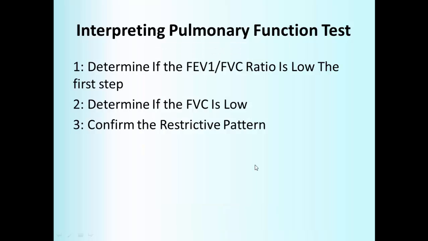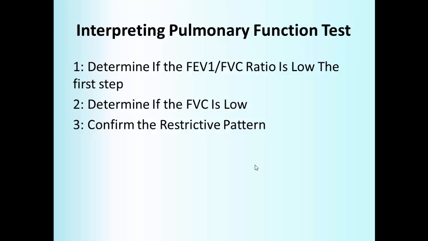The third step is to confirm the restrictive pattern. If the patient's initial PFT results indicate a restrictive pattern or a mixed pattern that is not corrected with bronchodilators, the patient should be referred for full PFTs with a DLCO.